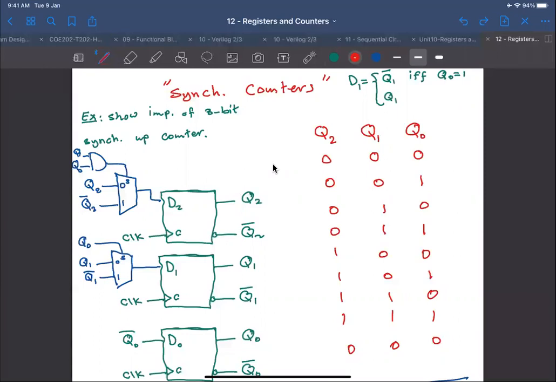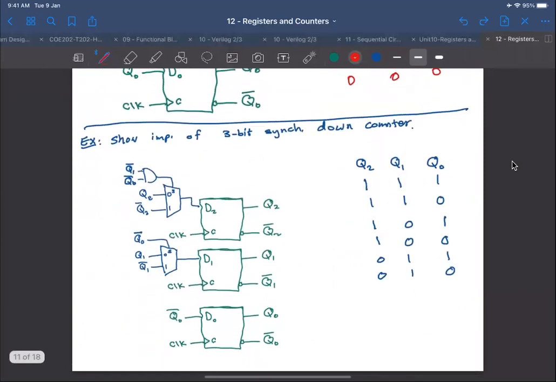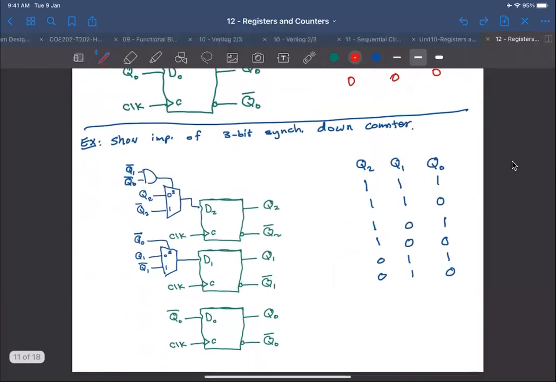Last lecture, we started discussing the synchronous counters, and we have shown the implementation of a 3-bit up counter as well as a 3-bit down counter. Of course, when we tell you to implement a 4-bit counter, you should be able to generalize the idea and derive similar designs.